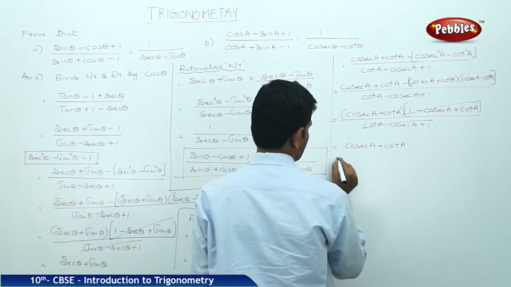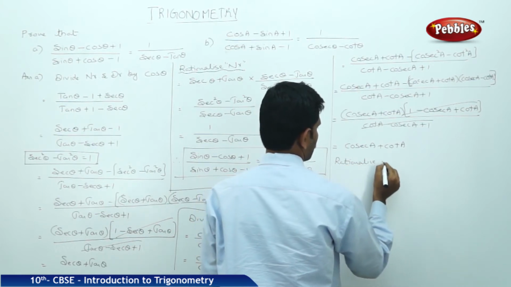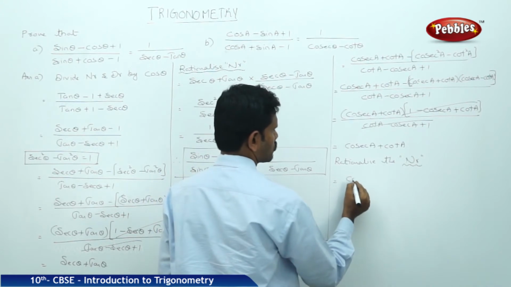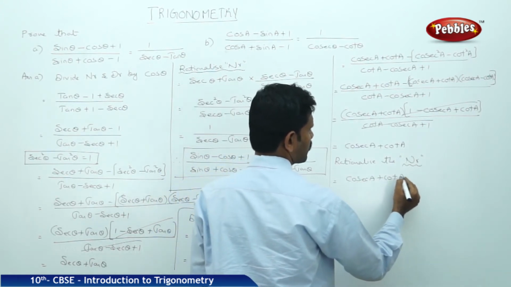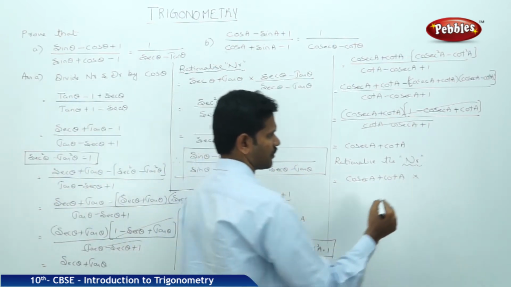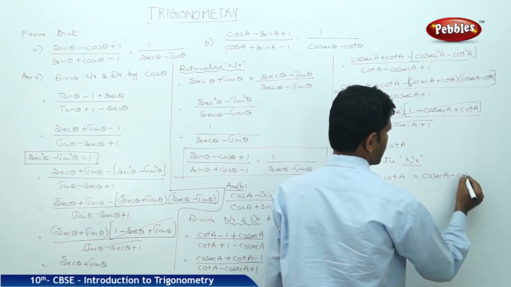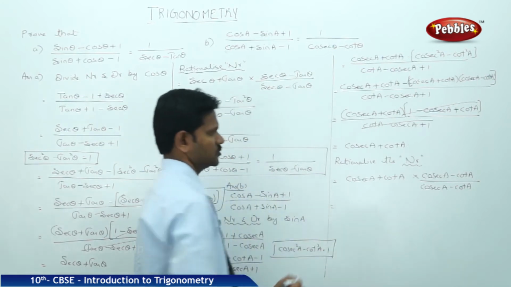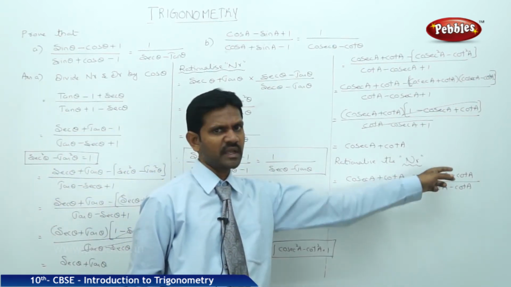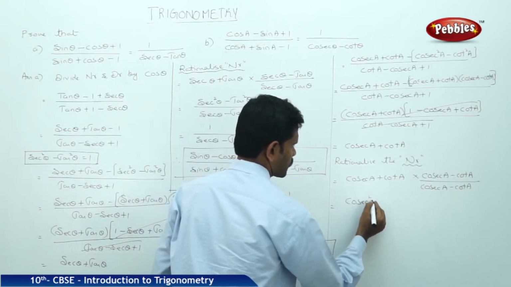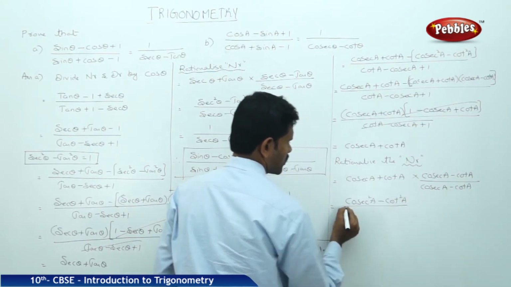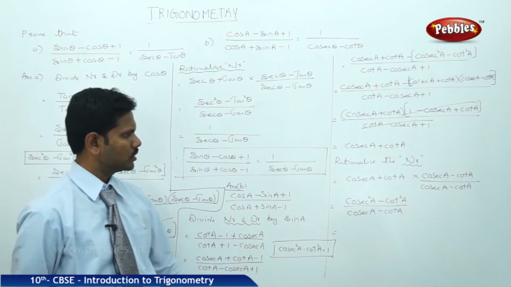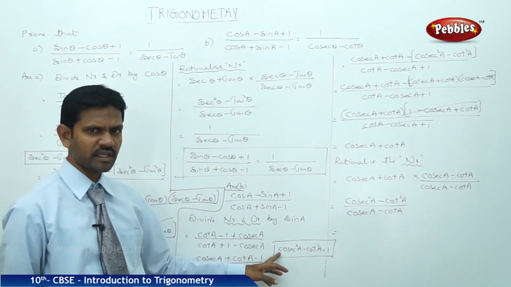Now rationalize the numerator, that is equal to cosec A plus cot A into, rationalization means you have to change the sign, cosec A minus cot A by cosec A minus cot A, that is equal to a plus b into a minus b, that is a square minus b square by denominator cosec A minus cot A, that is equal to cosecant square A minus cot square A, nothing but 1, already one of the identities.